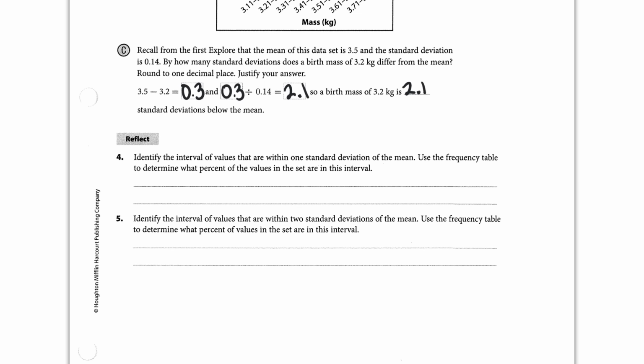So we know that the mean is 3.5. So if we take 3.5 and we subtract 1 standard deviation, that puts us at 3.36. And then to figure out the upper range, that's 1 standard deviation away, we are going to add 3.5 and then the standard deviation of 0.14 to give us 3.64.